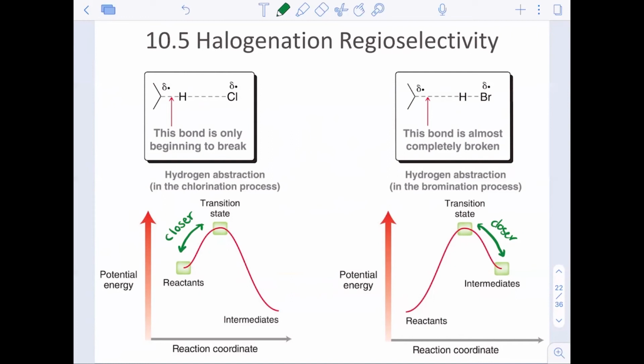Chlorination does not do this. And so when we see chlorination, we'll get all different constitutional isomers on our alkane starting material. Bromination is going to be much more selective for the lowest energy pathway. That means it will choose a tertiary over a secondary, a secondary over a primary, and a primary over a methyl.